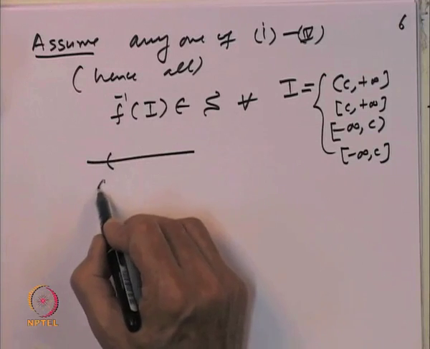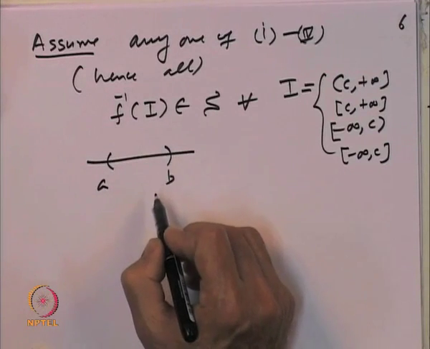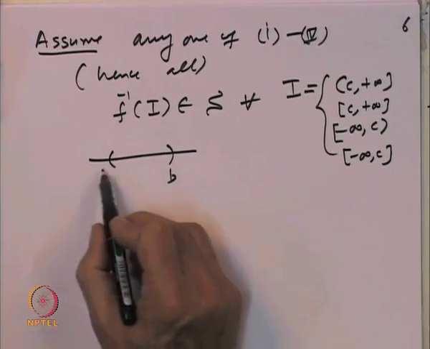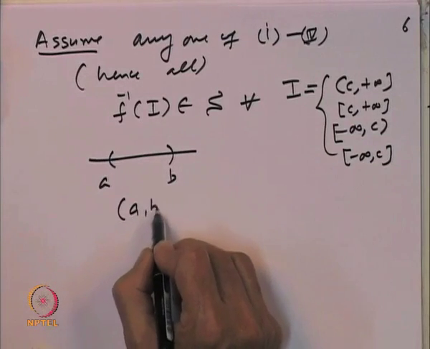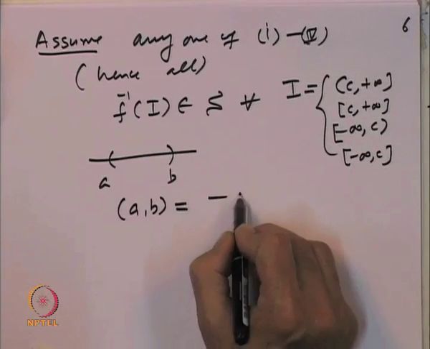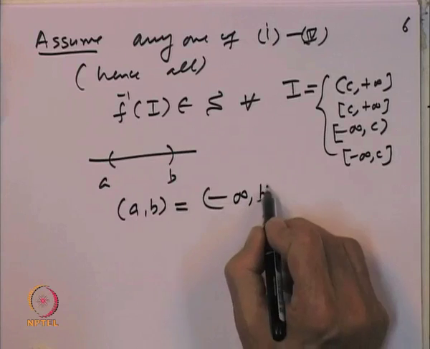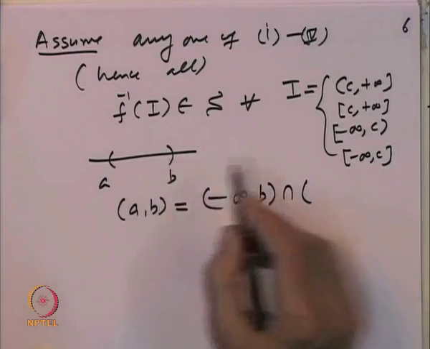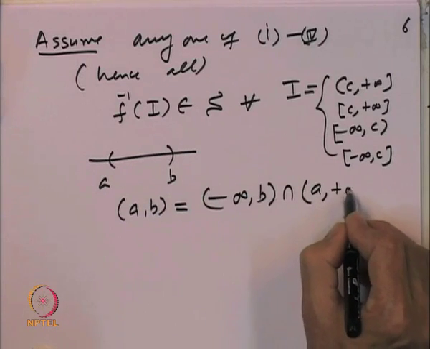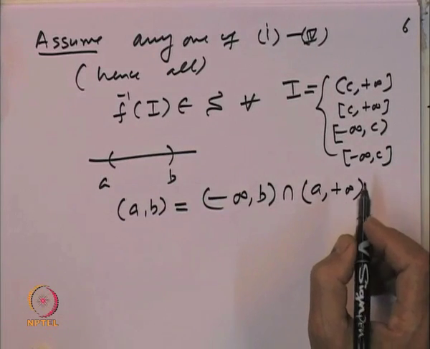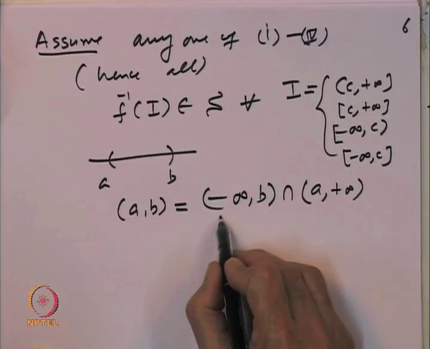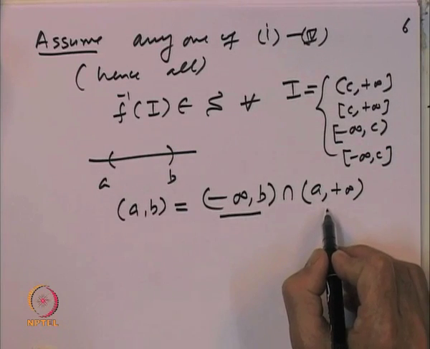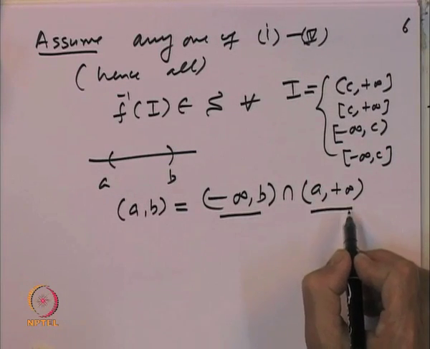Supposing I is an open interval a to b, then we can write this open interval a to b as minus infinity to b open intersection with the open interval a to plus infinity. And we know that the inverse image of each of these belongs to the sigma algebra.